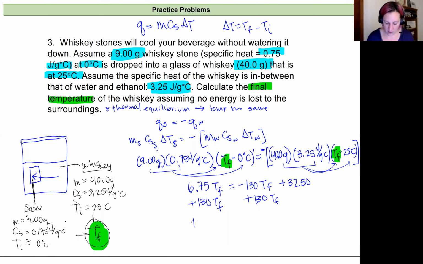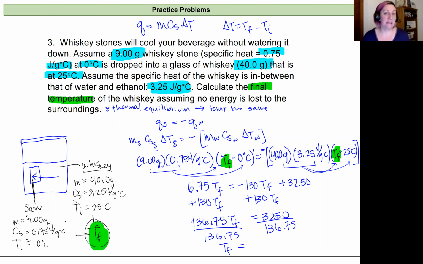And that's going to give me 136.75 TF is equal to my 3,250. Dividing out that 136.75 on both sides will get me a final temperature isolated on one side of the equation.